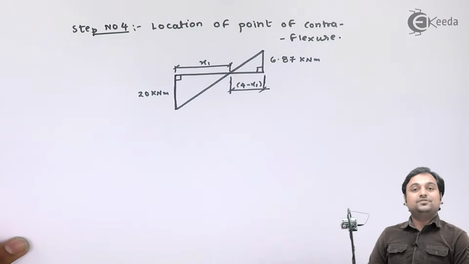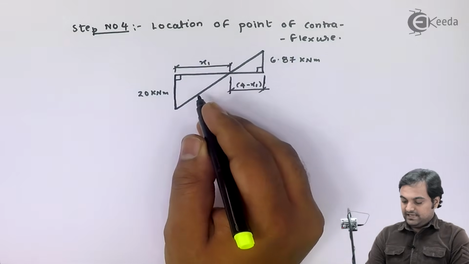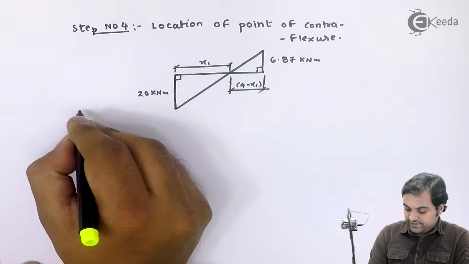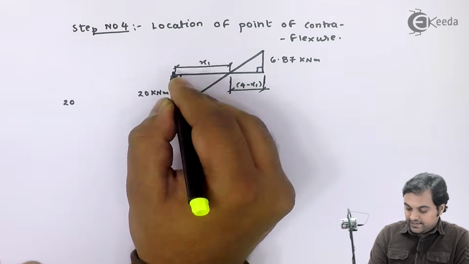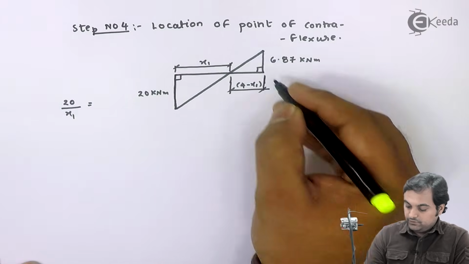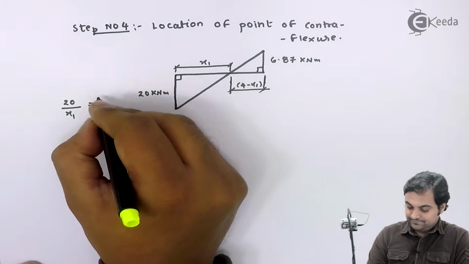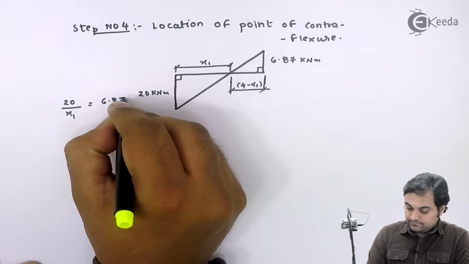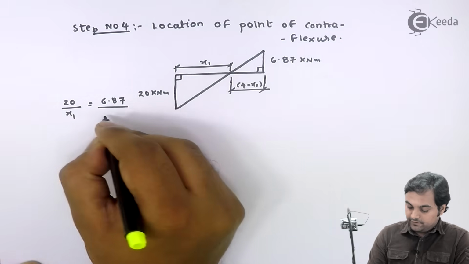So here I have 2 similar triangles. From this I will say that if I take the height of the first triangle, that is the bigger triangle, upon the base of the bigger triangle, it is equal to height of the smaller triangle upon base of the smaller triangle.